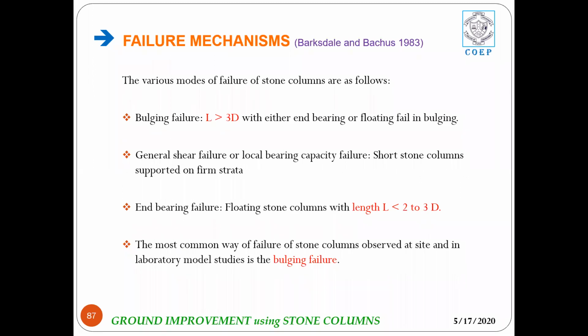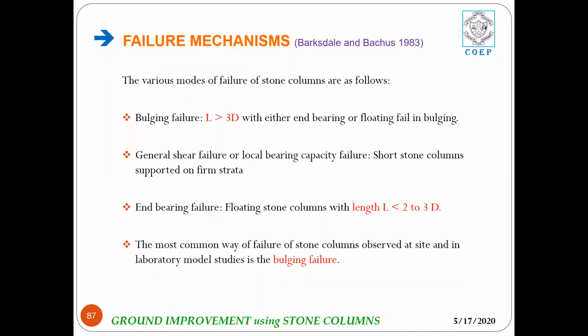Whenever the length of the stone column is greater than 3 times the diameter, bulging failure has to take place. Whether the stone column is end bearing or floating, when the length of the stone column is greater than 3 times the diameter, the bulging failure will take place. Whereas general shear failure or local bearing capacity failure will take place when the length is less than 3 times the diameter of the stone column.